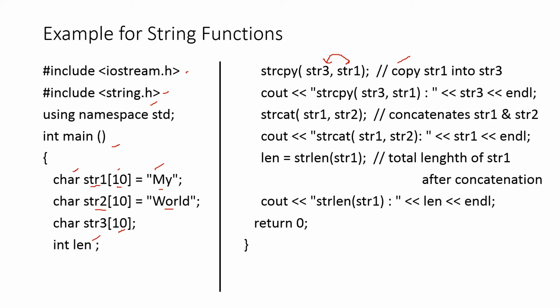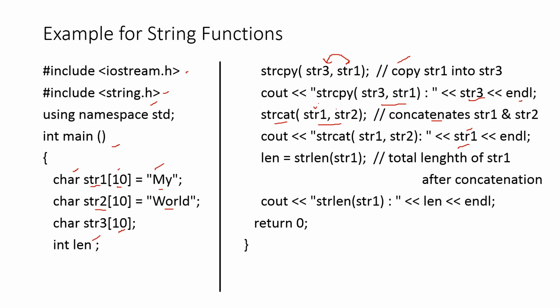Cout strcpy, this statement will appear as it is, and here the output will come. And the next line is for concatenation. Concatenating string 1 and string 2, that is strcat. Here it is being added, and the result will be in str1. So that is why you are printing str1.